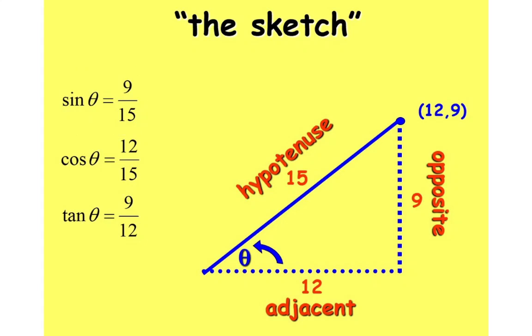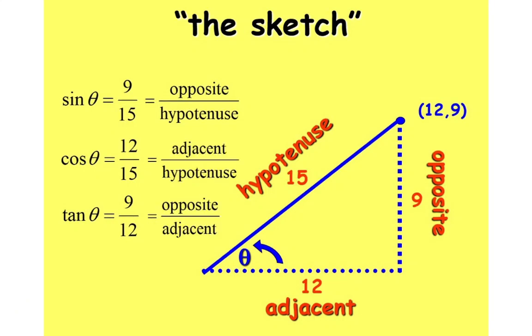In other words, now that we have these words, instead of using, say, y over x to describe the sine of theta, we can describe it with an opposite over a hypotenuse. So the sine of theta is opposite over hypotenuse. Now, it's still the ratio of those numbers, but now we have some words. How about cosine and tangent?